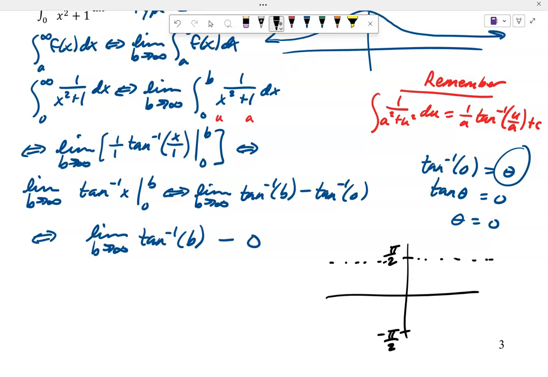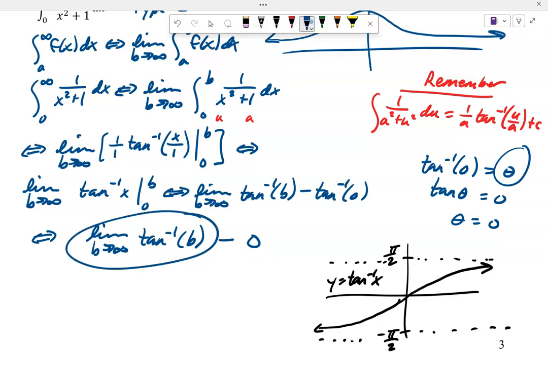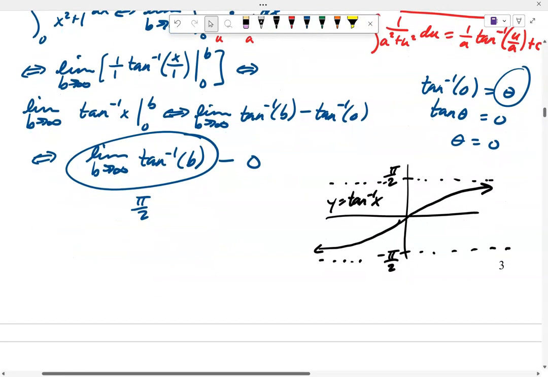Instead of a vertical asymptote at x equals negative pi halves, you have the horizontal asymptote at y equals negative pi halves, and you flip every point around, and there's your arctangent function, right? Arctangent of x. Well, as I run this to infinity, what does the arctangent of b go to? Yeah, pi over 2. It approaches pi over 2, right? It gets closer and closer to pi over 2. So this converges. I got pi over 2 minus 0, which is just pi over 2.